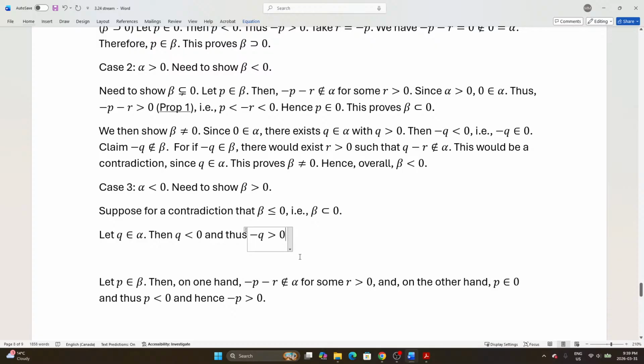Therefore, minus q minus half should be in beta. So minus q should be in beta. Then minus q, or should we say q, is in beta?